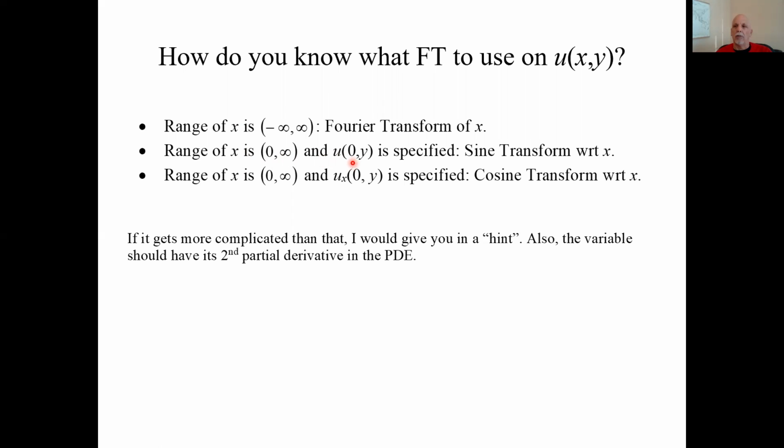So if the initial condition is on the function itself, initial meaning where the variable we're looking at, x in this case, is 0, we use the sine transform. If we're given the derivative of the function at that initial condition, we use the cosine transform.